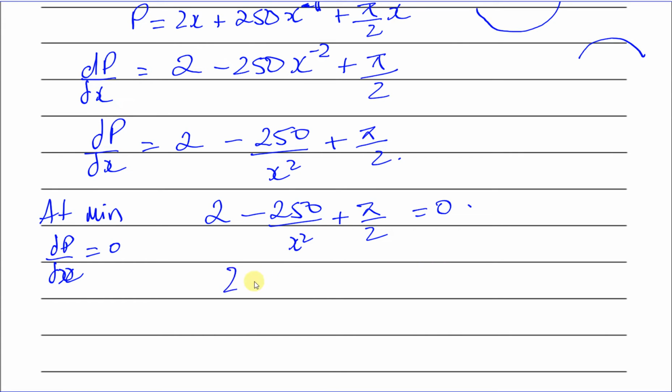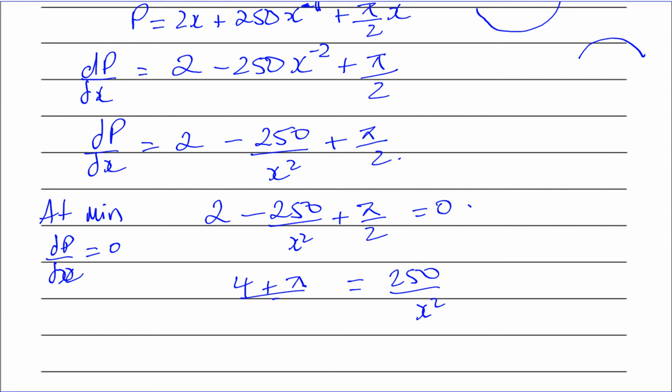I have 2 plus pi over 2, and I'll make that into one fraction. On this side I'm going to have my 250 over x squared. This becomes 4 over 2 plus pi over 2, which is 4 plus pi over 2.